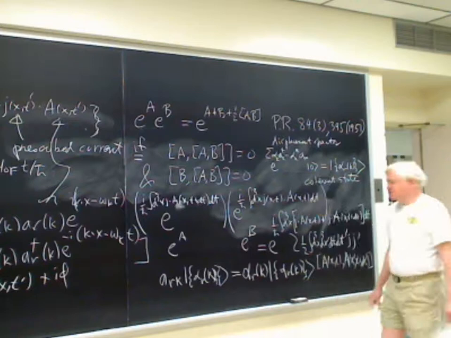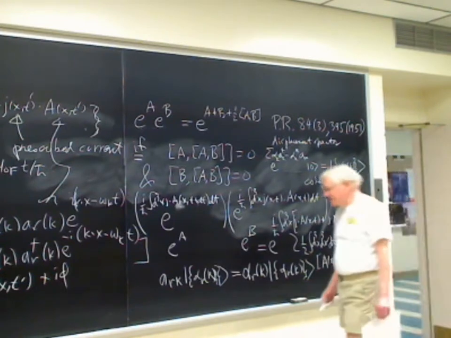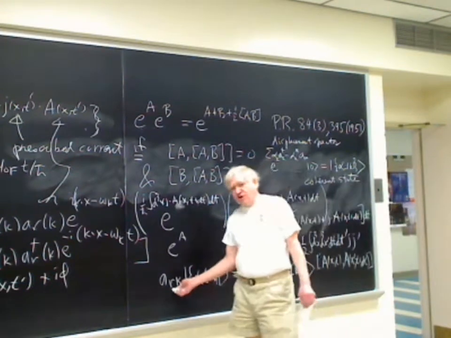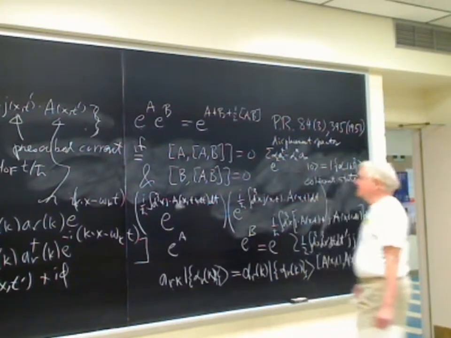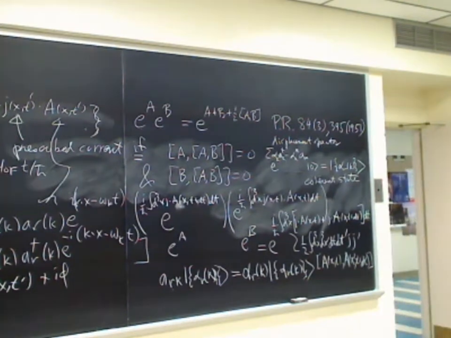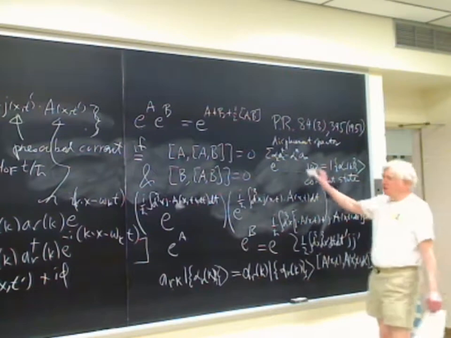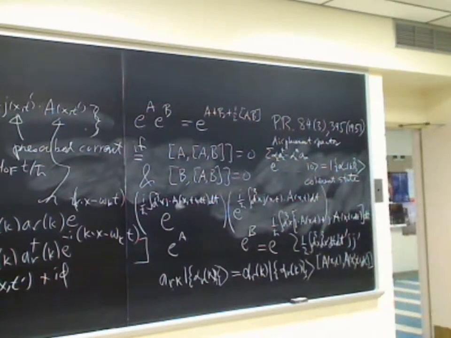In other words, the coherent state is an eigenstate of every annihilation operator with a complex eigenvalue. And so maybe I'll make this something related to this homework problem. Any questions about this?